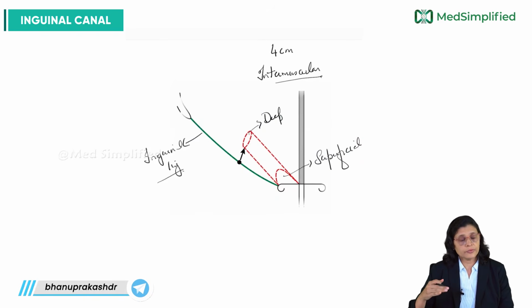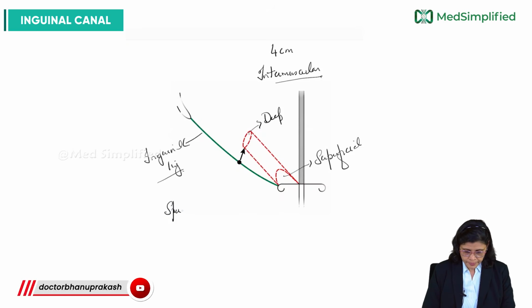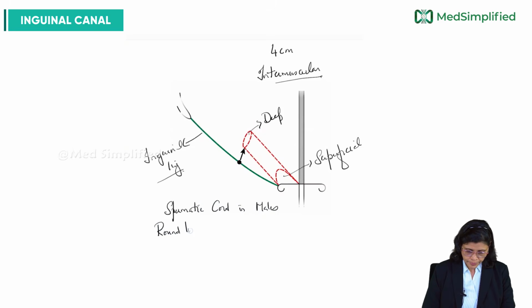So, the main content of this inguinal canal is spermatic cord in males and the round ligament in females. So we see the spermatic cord in males and round ligament in females.